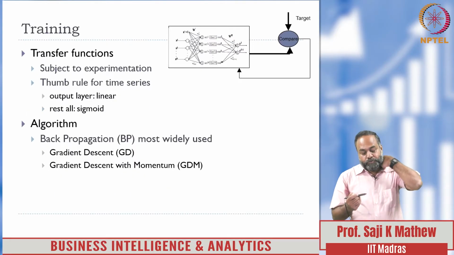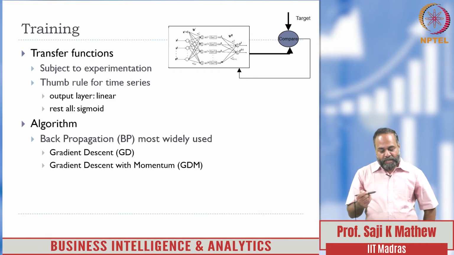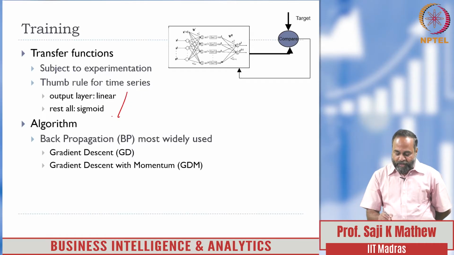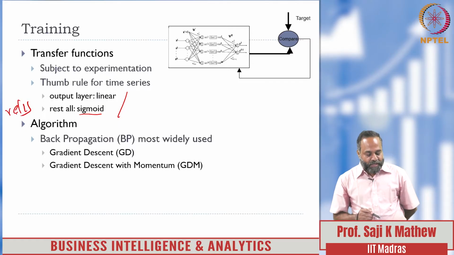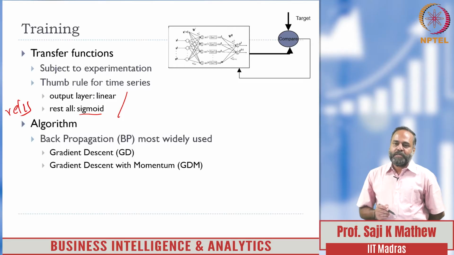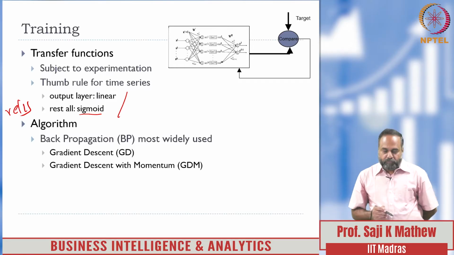Then the training process itself, which we have discussed already. Nowadays the ReLU is very commonly used as a transfer function. We will look at it when we actually start modeling.